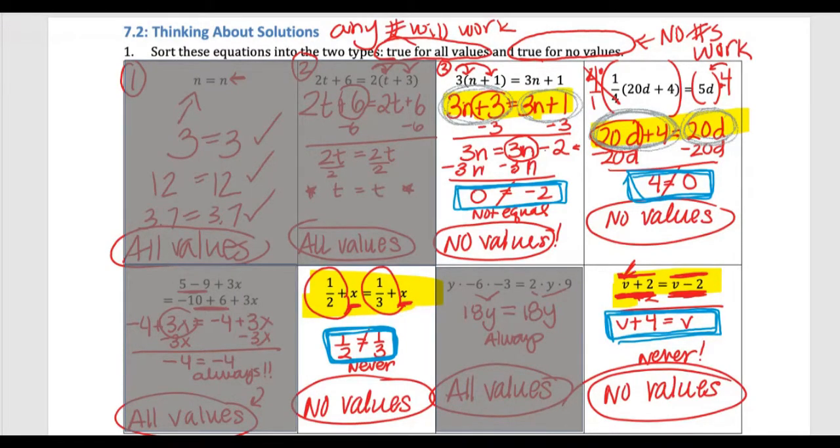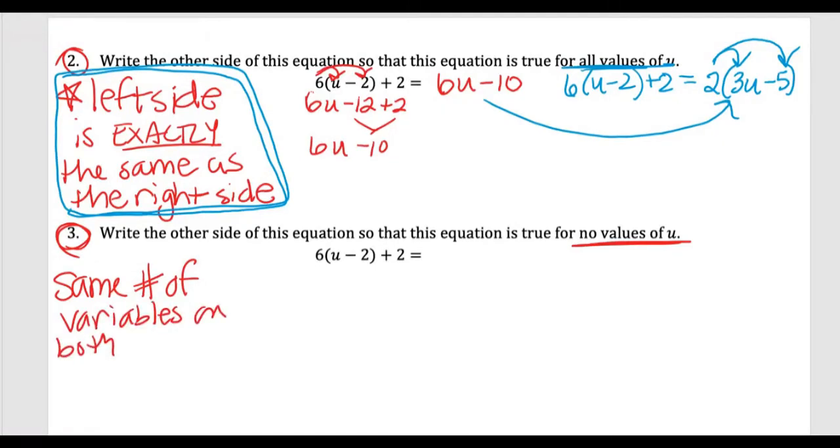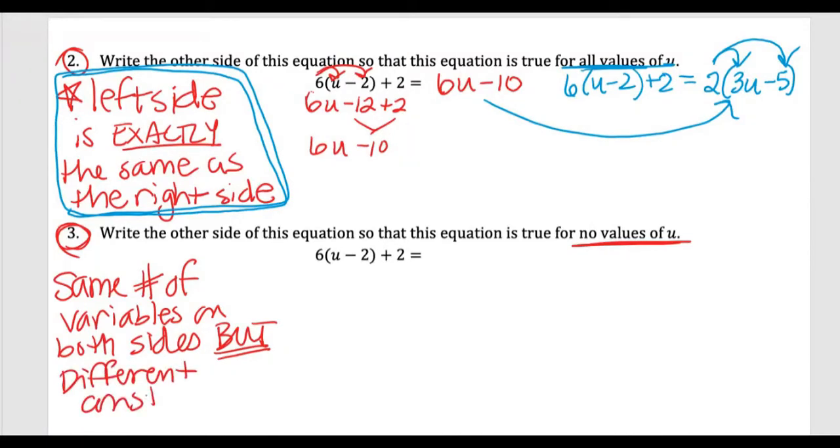Okay, so what you end up having is the same number of variables on both sides, but different constants.